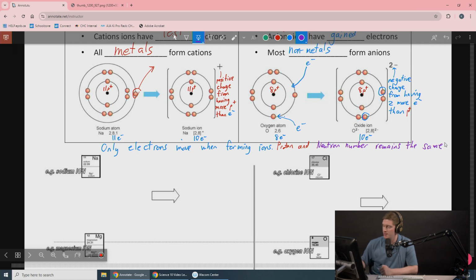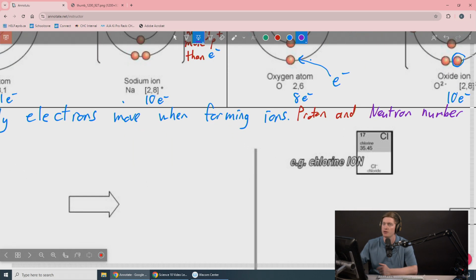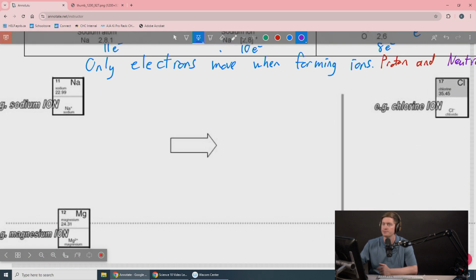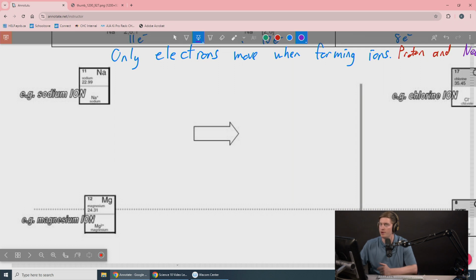So we're going to take a look here. We're going to draw some Bohr diagrams. We're going to start with the sodium ion. Starting with our sodium ion, we'll make our nucleus. Sodium's got the atomic number 11, so it's got 11 protons in there.